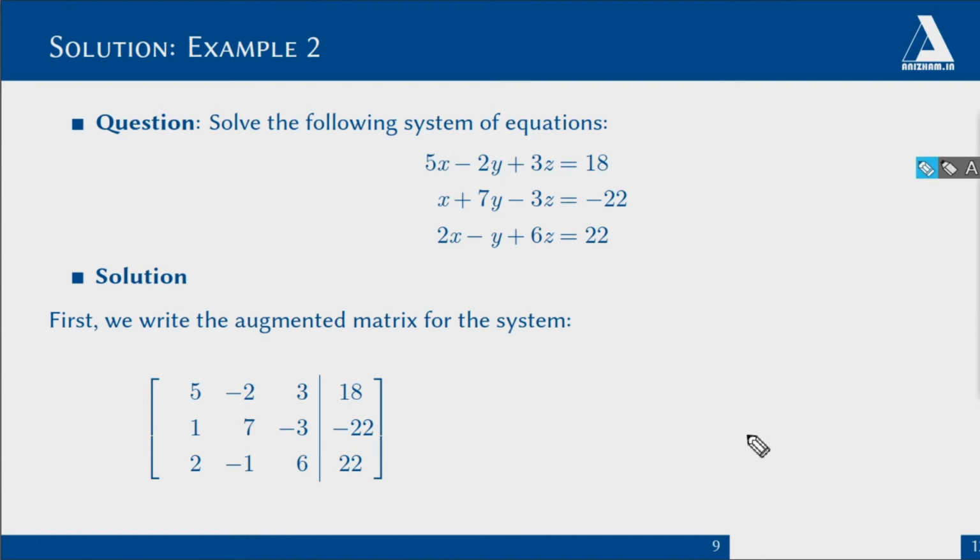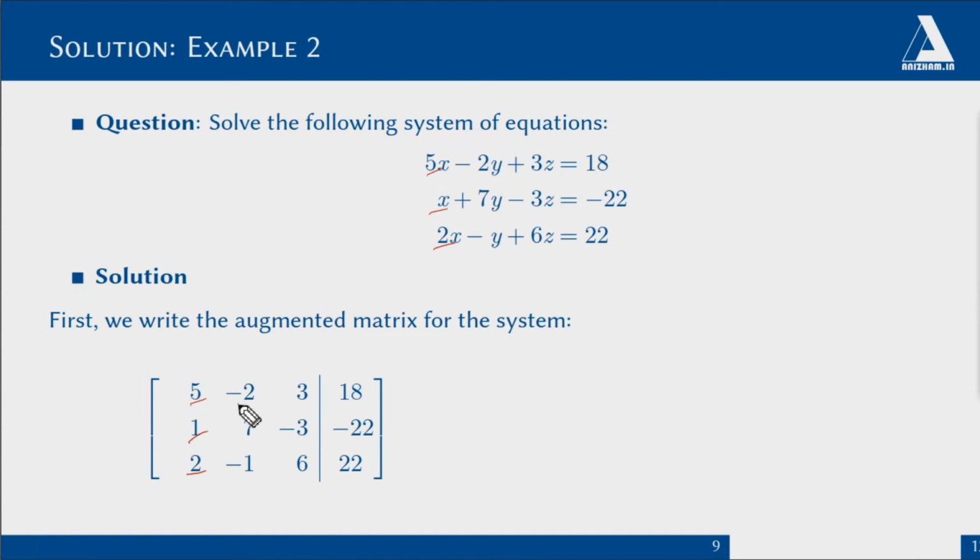The augmented matrix for a system of linear equations consists of its coefficients, the coefficient matrix, as well as the constants. Here this 5 is the coefficient of x, this 1 is the coefficient of x in the second equation, this 2 is the coefficient of x in the third equation, and so on.